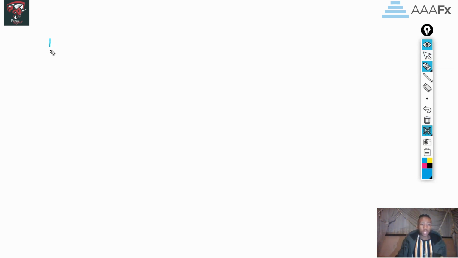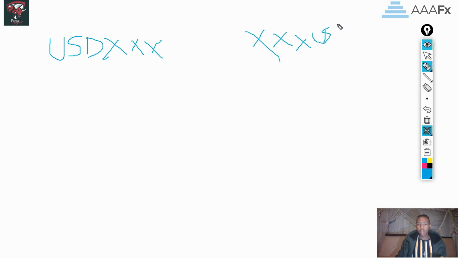Firstly, let's say we have two types of currency pairs. We have the USD XXX, and then the next pair we have here is XXX USD. So what happens is when the US is a base currency of a currency pair, we're looking for a so-called bullish movement when the economy gains strength.